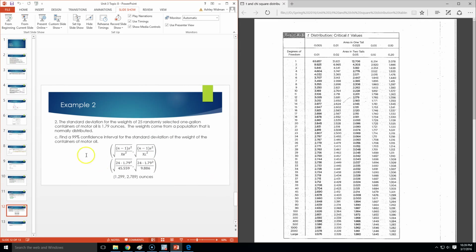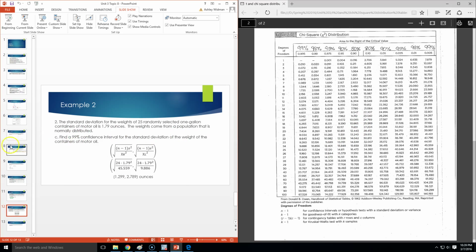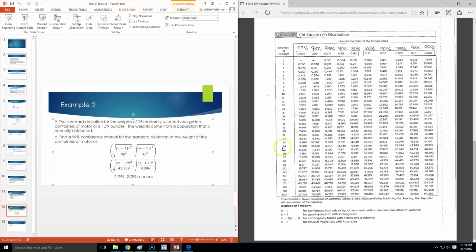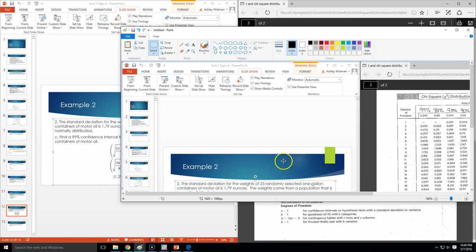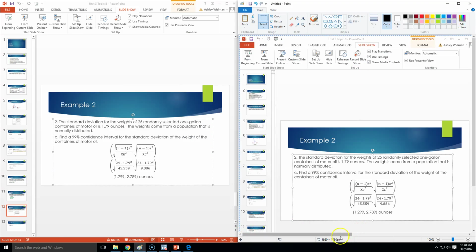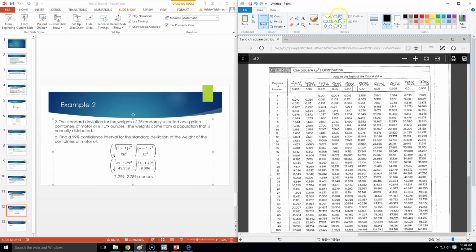So we are looking to find the chi-square values for the left and right of 99%. The sample size that I'm going to use is 25, and my degrees of freedom is going to be 24. So I'm going to be looking across this 24 row. When I'm using this table, I'm going to look to the 24 row, and I'm going to use the left critical value as 9.886, which actually goes on the right side, which I'll explain why in a second.